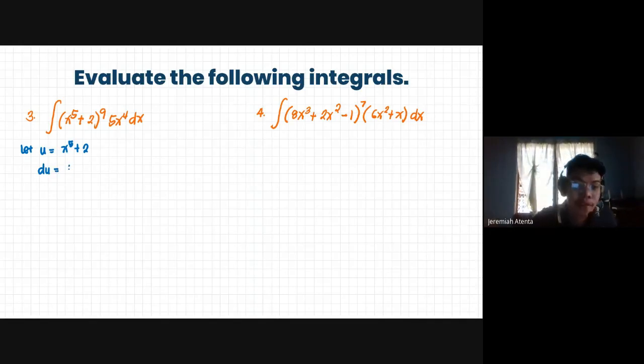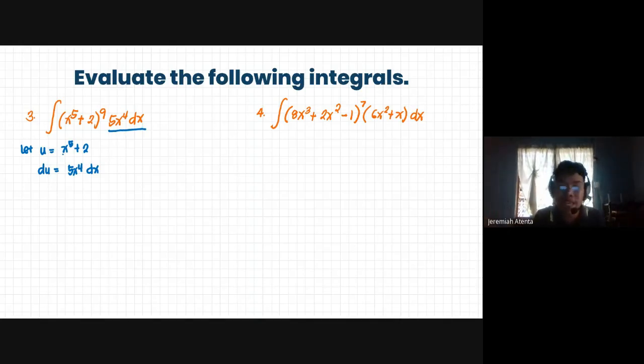We have 5x to the power of 4 dx. Okay? So therefore, lumabas ngayon si 5x to the power of 4 dx, and it is now equal to du. So meaning, lumiit yung ating expression. Okay? So later, medyo madali na siyang i-integrate.